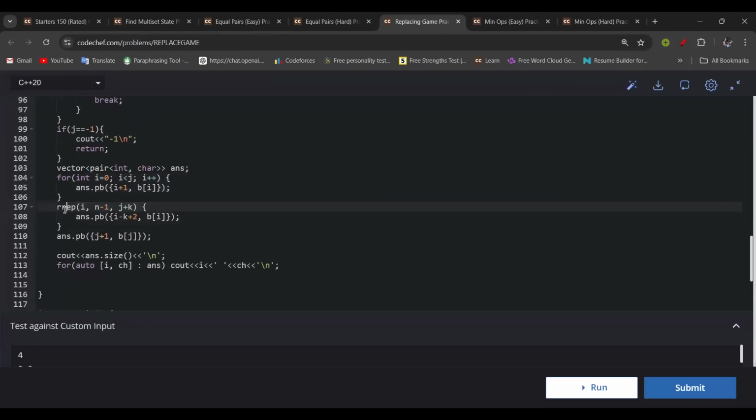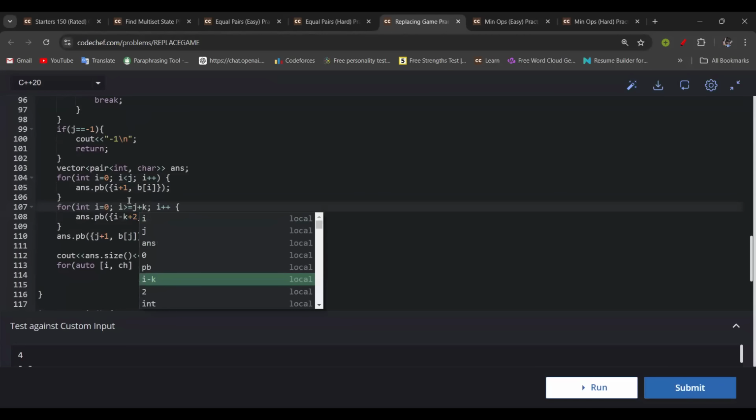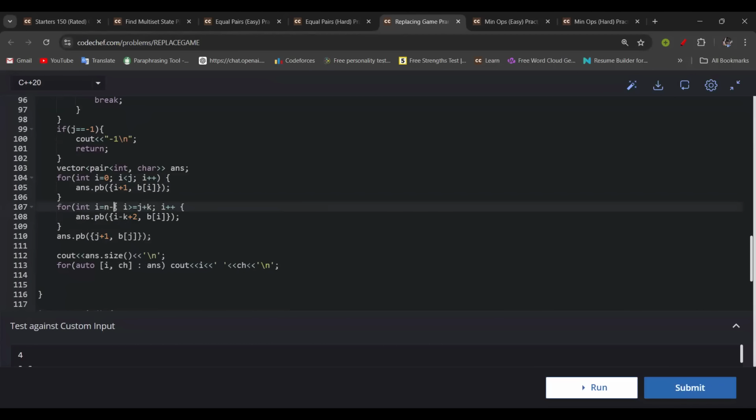Now for the right side, I'm running a reverse loop. This is a reverse loop from n minus 1 to j plus k. So I'm running a reverse loop starting from the last index up to j plus k.